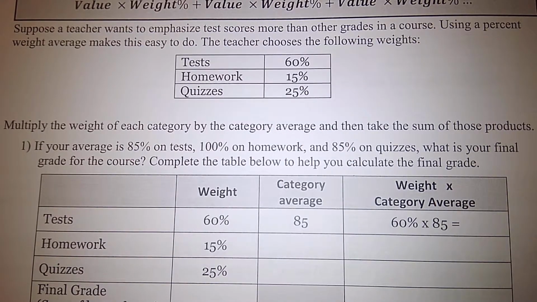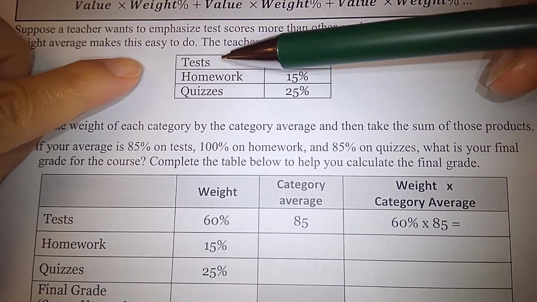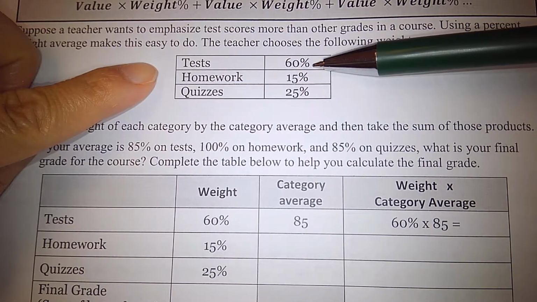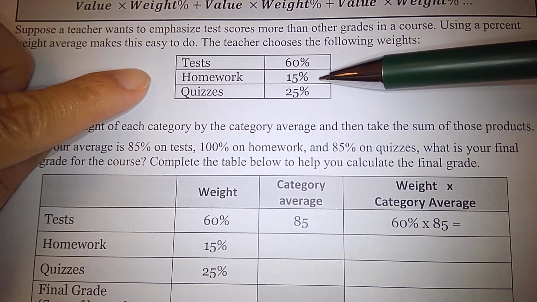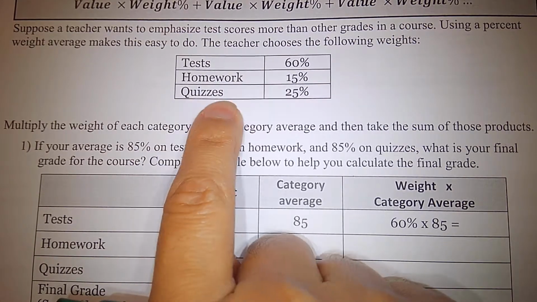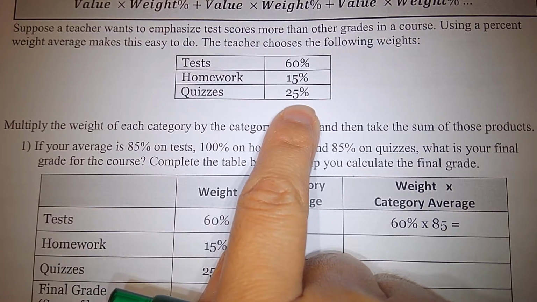Very good, thanks. To solve this problem, there are 3 types of assignment. One type is tests, in total 60%, and homework counts for 15%. We're familiar with this, right? For our class, we have homework, how much percent, right? Exam, how much percent, right? And in this problem, the quizzes account for 25%.